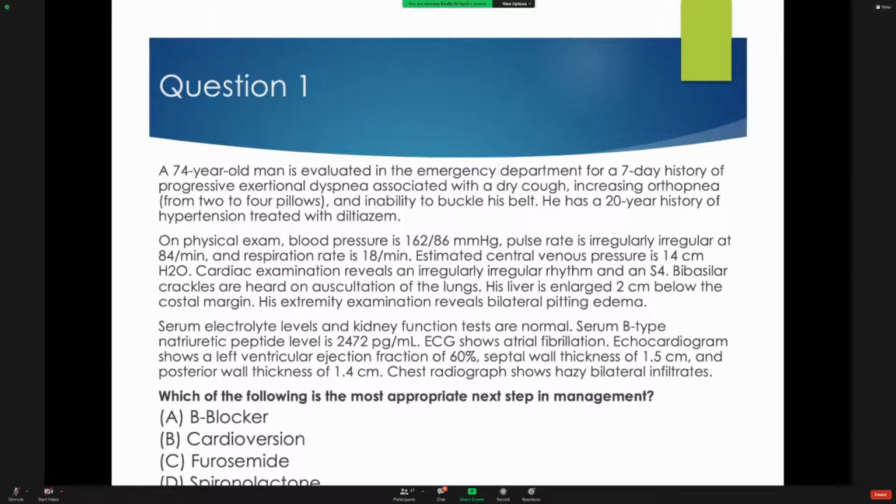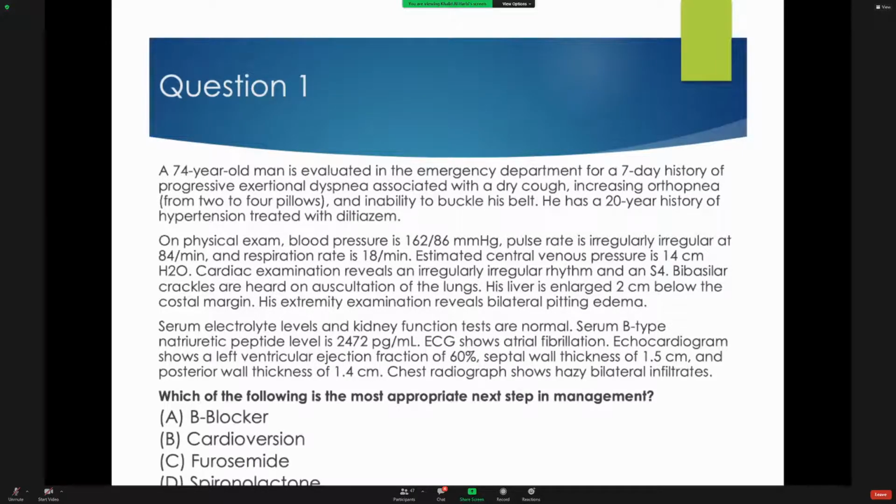Serum B-type natriuretic peptide level is 2,472. ECG shows atrial fibrillation. Echo shows a left ventricular ejection fraction of 60%, septal wall thickness of 1.5 centimeters, and posterior wall thickness of 1.4 centimeters. Chest radiograph shows hazy bilateral infiltrates. Which one of the following is the most appropriate next step in management?